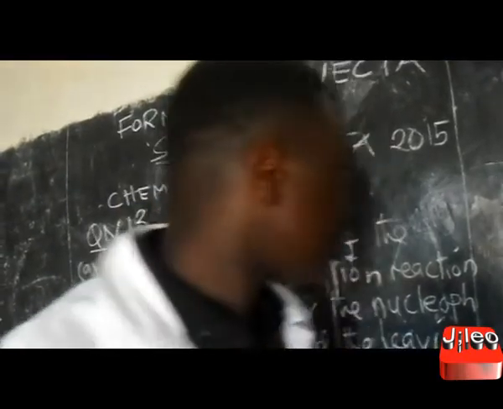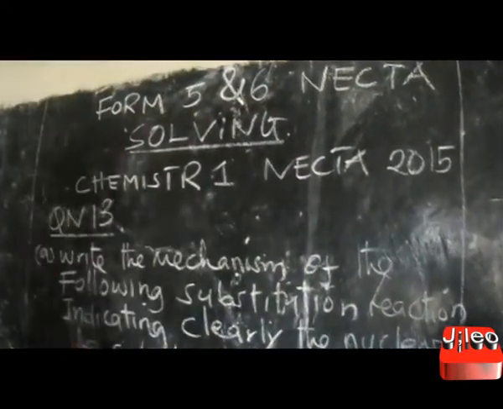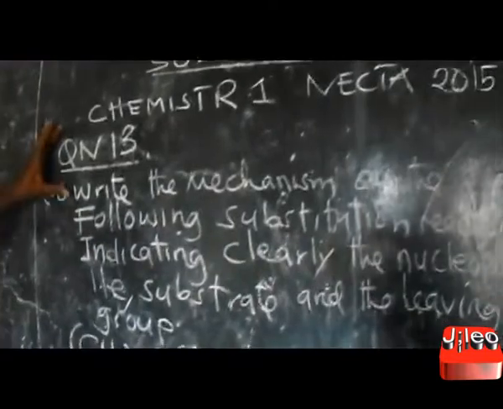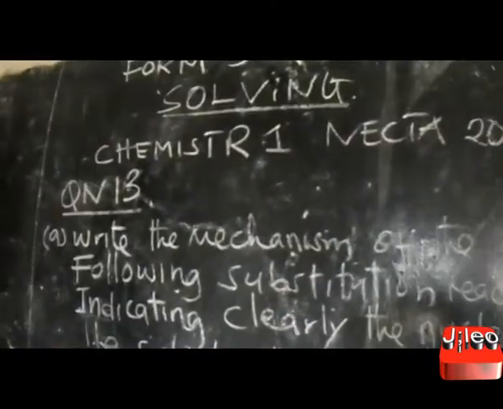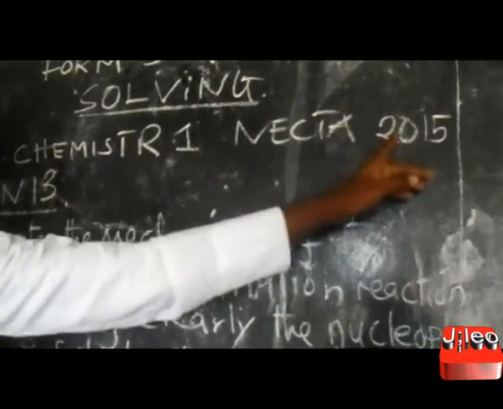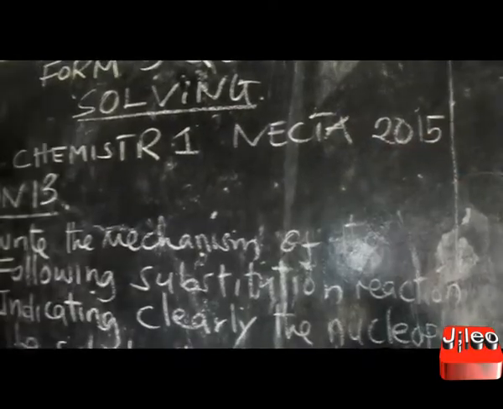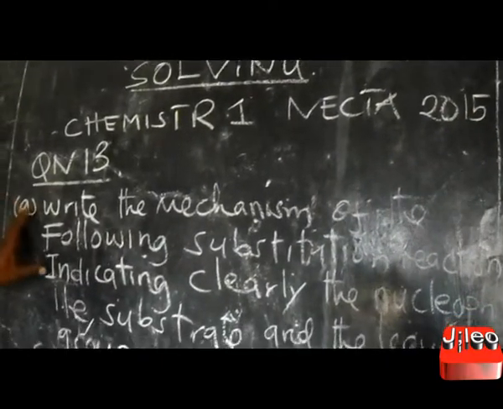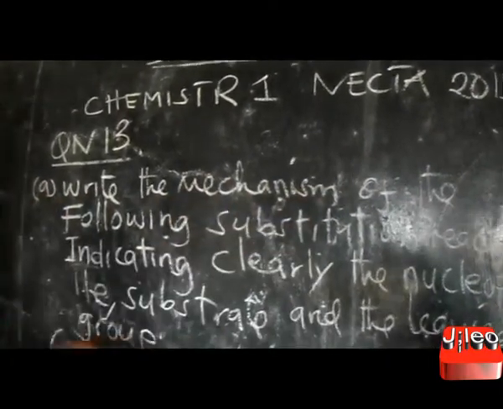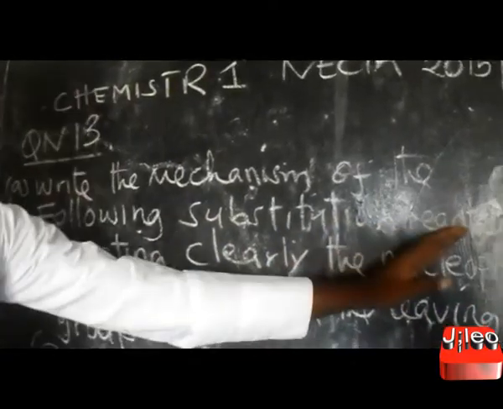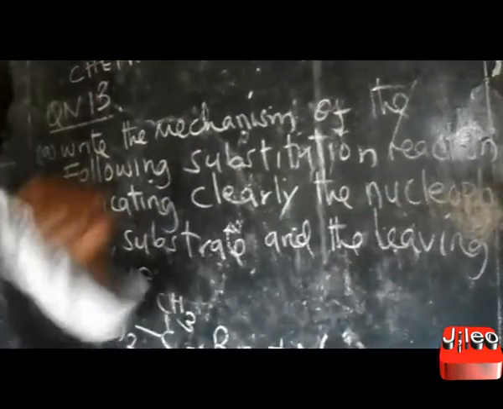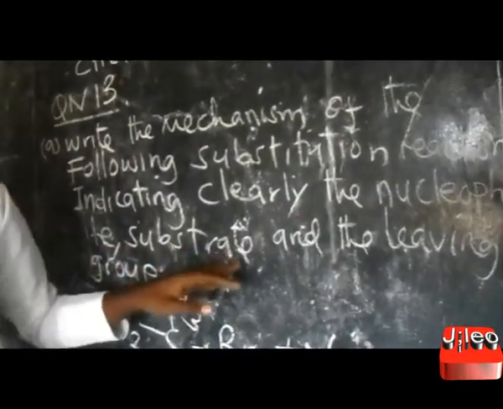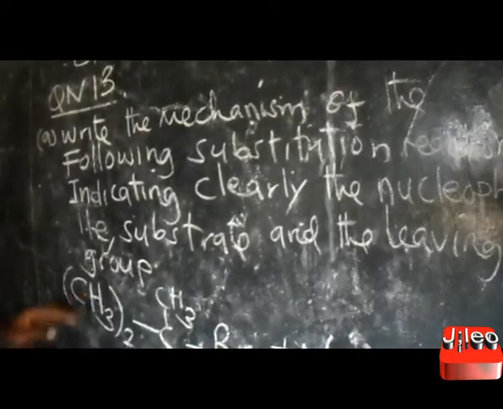As you can see, ladies and gentlemen, there is question 13 from the NECTA of 2015. It says: give the mechanism of the following substitution reaction, indicating clearly the nucleophile, substrate, and leaving group.